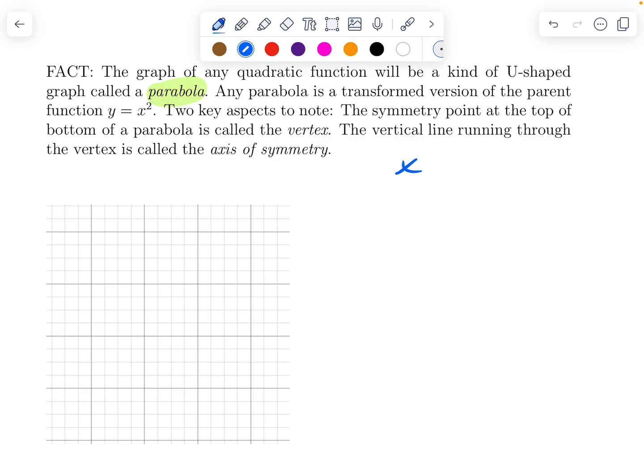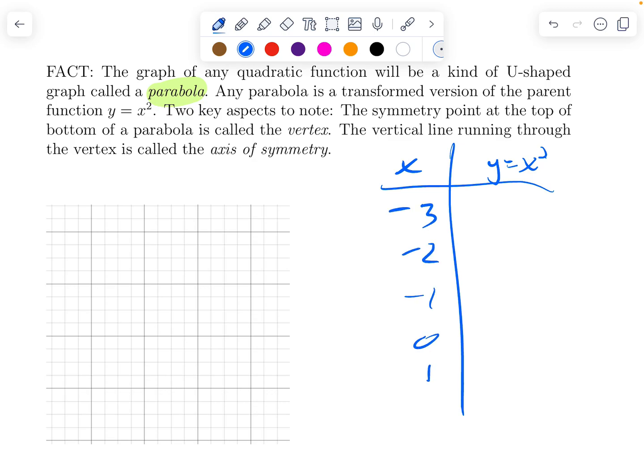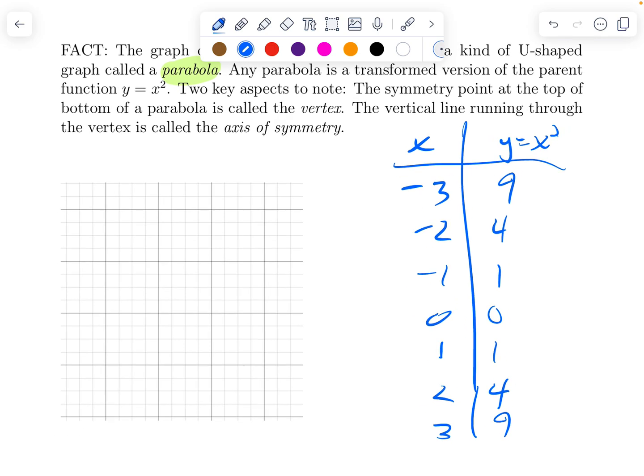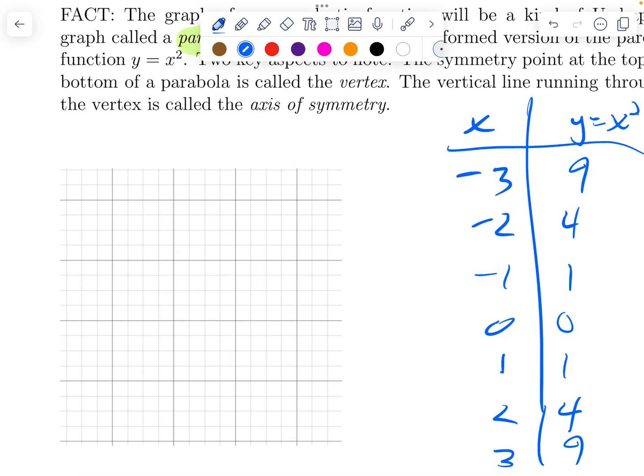So I'm just going to make a little table here of very easy values for x and x squared. And I can plot them. So I will draw an x-axis like so, a y-axis like so.